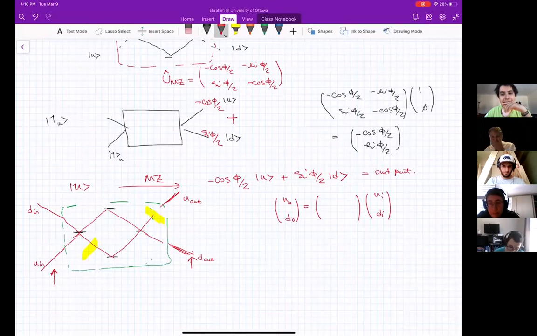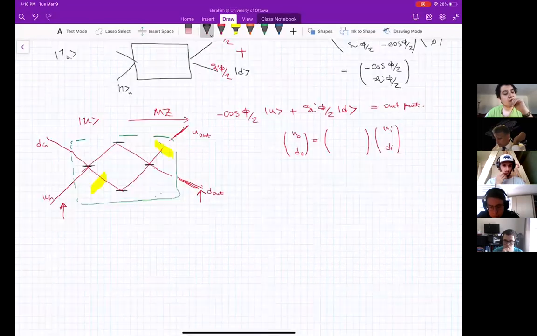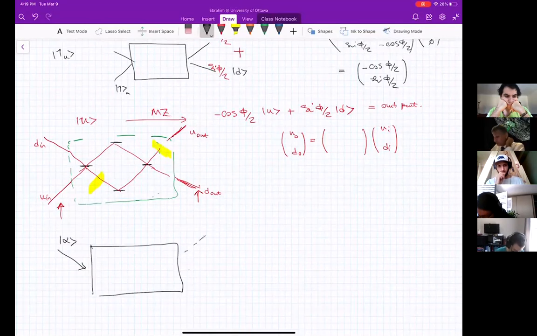And now I am asking you to see whether you can find the annihilation and creation operators to be linked to each other, from the output to the input, and then tell me what is happening for this machine if I send a coherent state here. Tell me what the output will be.